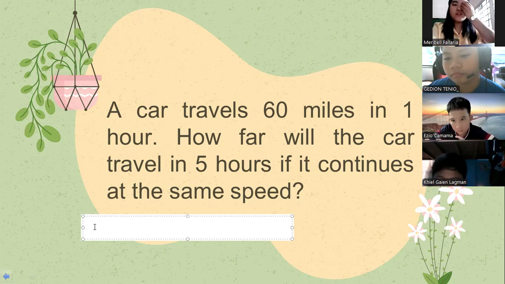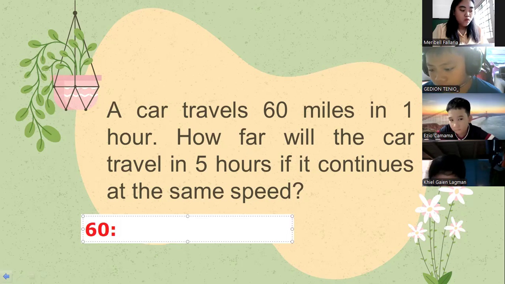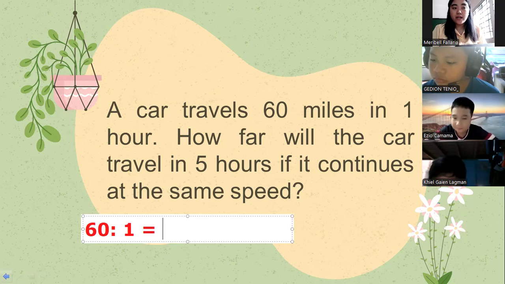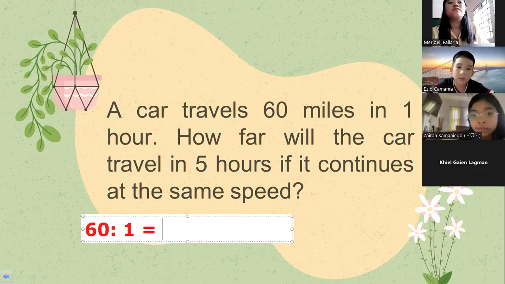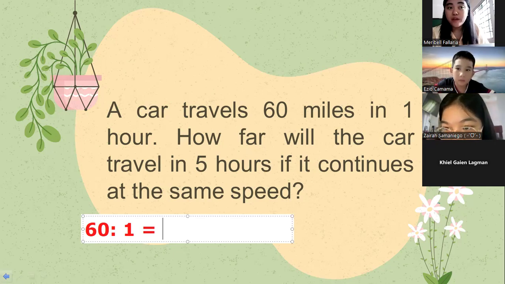Okay, so it says here, 60 miles in one hour, so how do you write the ratio? 60 miles to 1, right? Equal. So this is how we write a ratio. In 5 hours, if it continues at the same speed, meaning it's gonna be 5 to 60, no, not 5 to 60. We're going to find how many miles we can go in 5 hours.